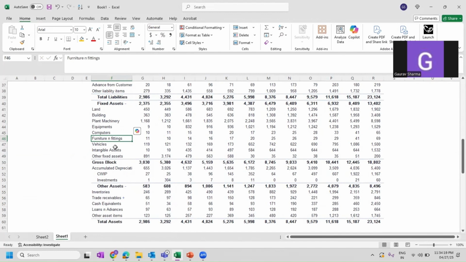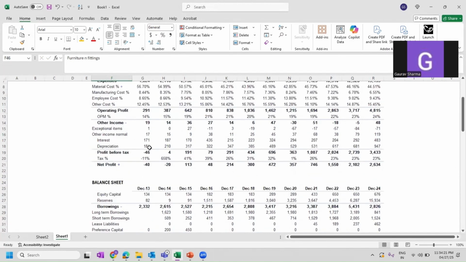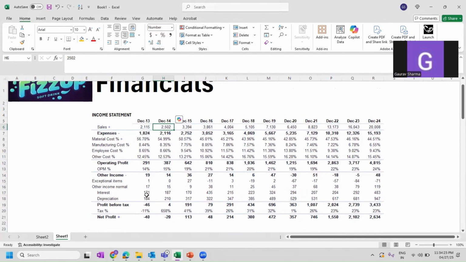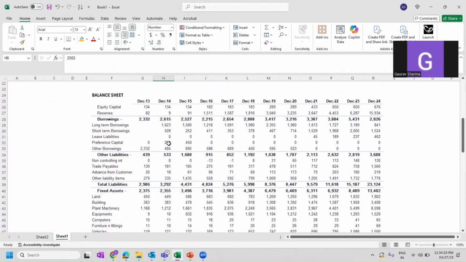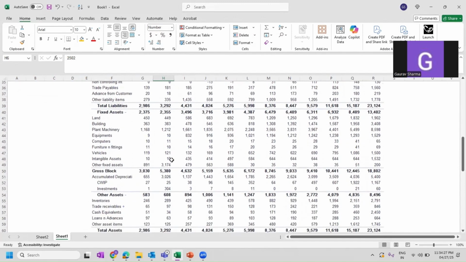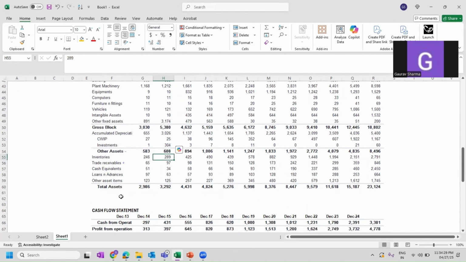So you must have made a sale of 2500 in the year 2014, but still you have some unsold portion left, which is here. 289 is your unsold inventory. So on an average, what's your average inventory? This is the year end picture, but that does not take into account the total year picture.